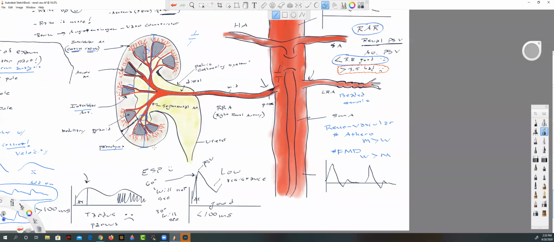And a discrepancy between the two kidneys of more than 2 centimeters is an indication of chronic renal artery stenosis, possibly even renal artery occlusion, because the kidney can still be fed from other arteries.